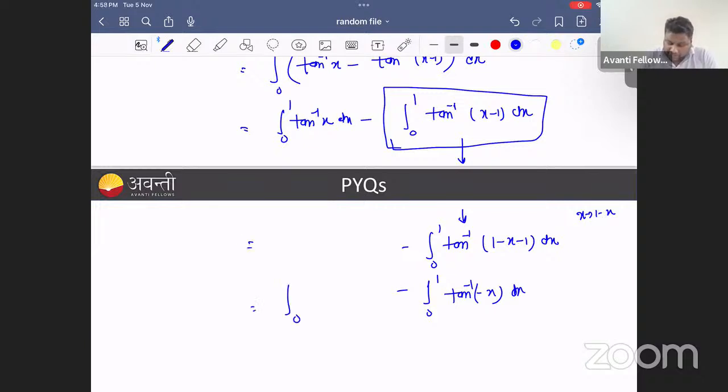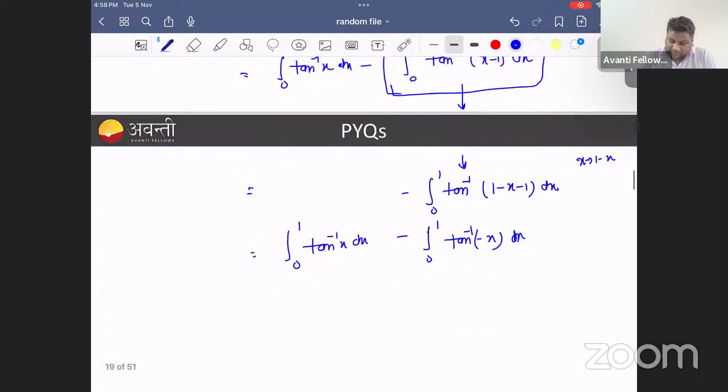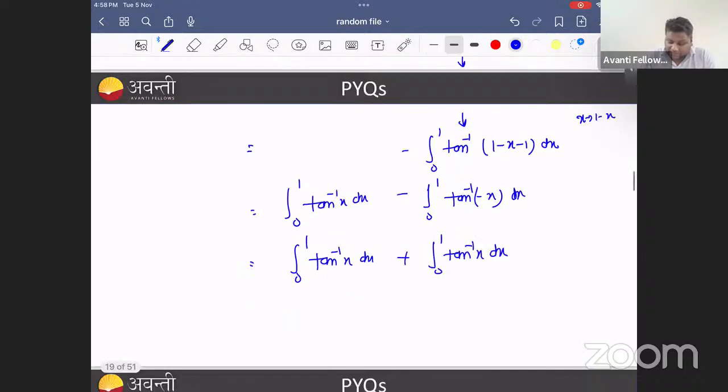So that is also already there, tan inverse of x dx. So it became 0 to 1 tan inverse x dx plus 0 to 1 tan inverse x dx. So it is 2 times integration 0 to 1 tan inverse x dx. Got it?